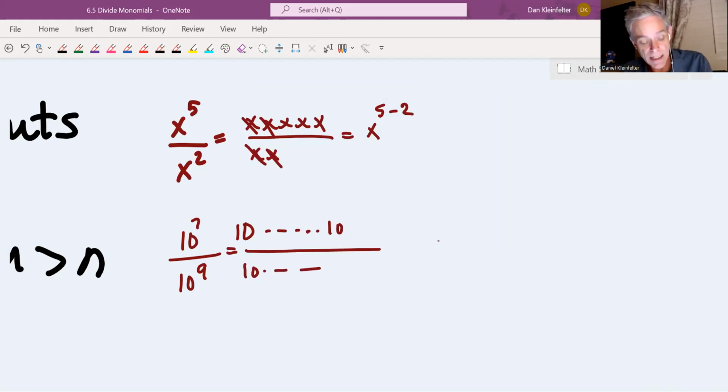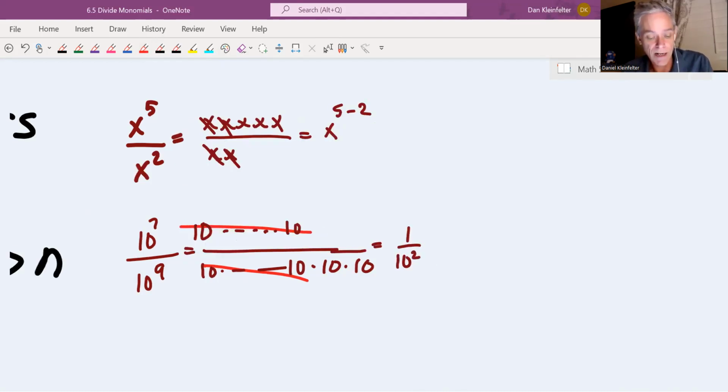And then let's say that we had 9 of them in the denominator. Well, the 7 that the numerator and denominator have in common will cancel out, and there will be 2 extras in the denominator. And so for that reason, we'll be left with 1 over 10 squared, which is 1/100th.